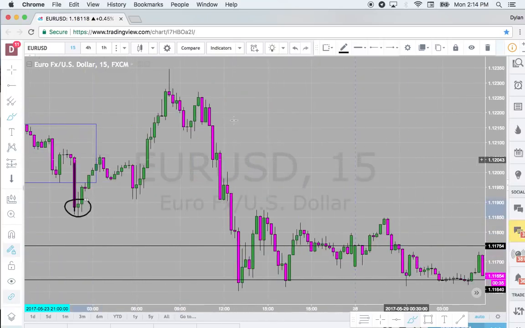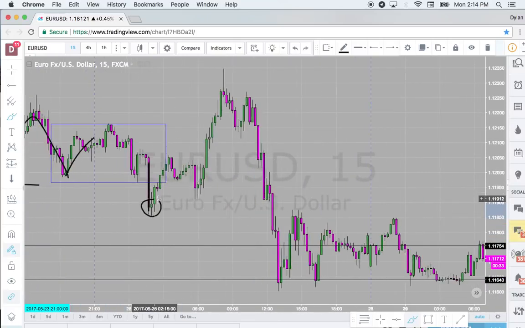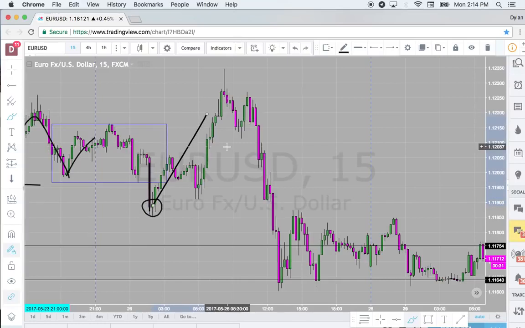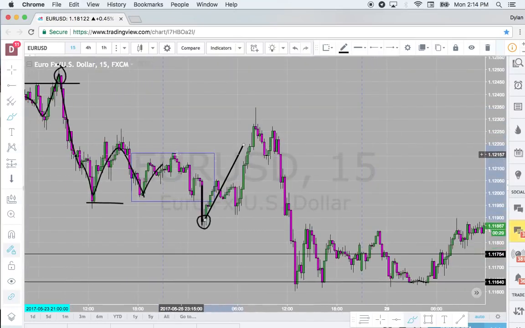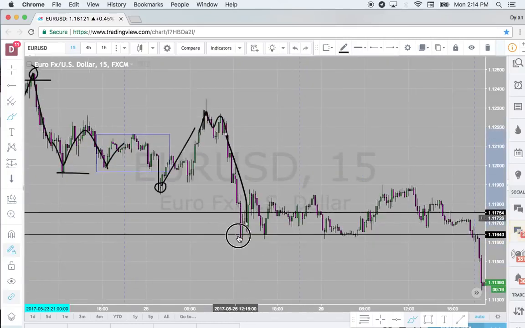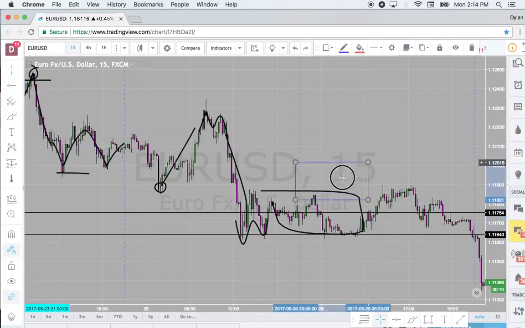So what we see then is you could have bought all the way up to the high, and then this stop hunt to the high, M formation, come back down to the low, create that W formation, end the day in consolidation, and then start the new day in consolidation.